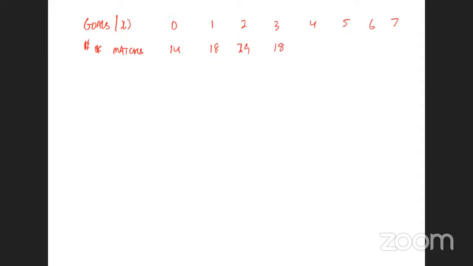18, 10, 7, 3, 1. Just do me a favor now. Add up the bottom row and make sure it sums to 100, please.